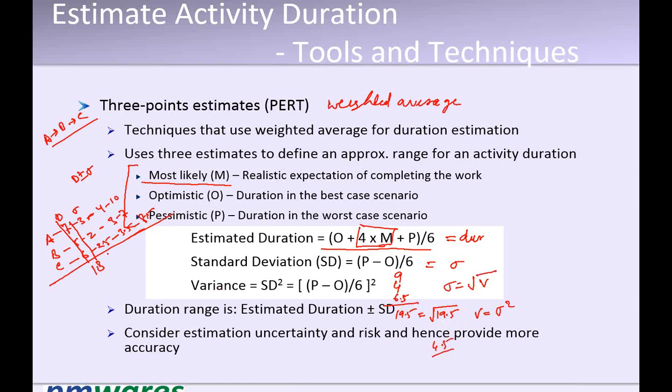So the standard deviation here comes out as 4.5, not the summation of these. And therefore the project will finish somewhere between 13.5 days and 22.5 days. Is that clear? Any confusion?